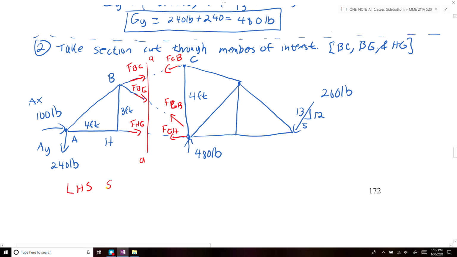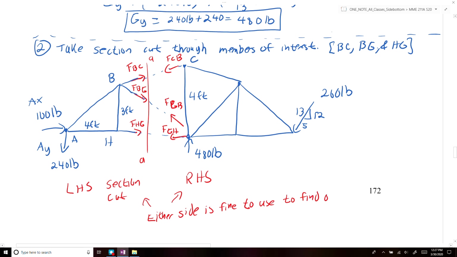Okay, so with this method, we can look at the left-hand side of our section cut, and we can look at the right-hand side of our section cut. You can use either side to find our unknowns. In this example, we're going to use the left-hand side.